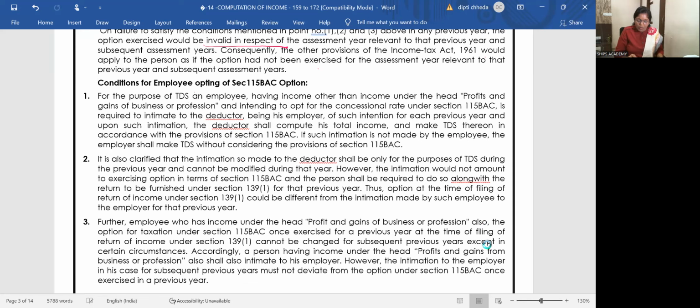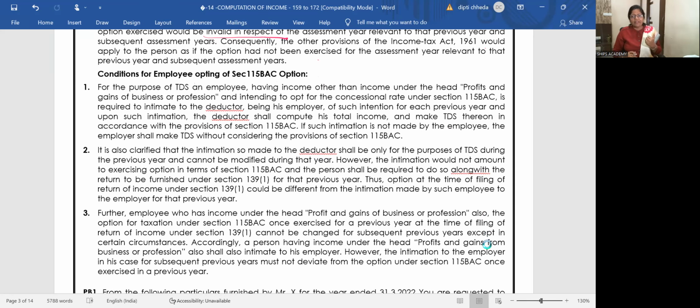Conditions for employee opting for section 115BAC option. Yes, ma'am, if I don't have business income, I can choose. If I have business income, choice. Now tell me, when you are an employee, your employer is calculating your yearly income and deducting the tax.